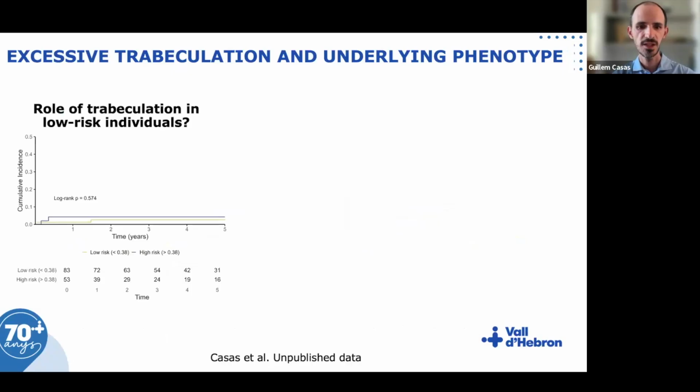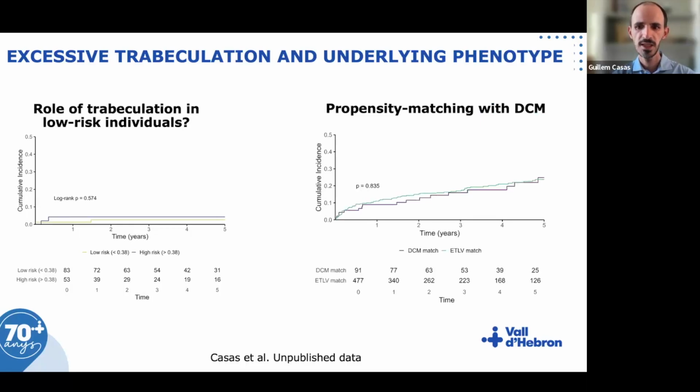Well, in these patients, the degree of hypertrabeculation was not associated with different risk of MACE, and both groups exhibited a benign prognosis, suggesting that in an otherwise normal LV, we should not care too much about the degree of hypertrabeculation. And to confirm that, we compared our cohort with a propensity-matched dilated cardiomyopathy cohort, and we saw that basically the outcomes and risk of MACE were exactly comparable, underlining again the importance of the functional phenotype rather than the trabeculation per se.